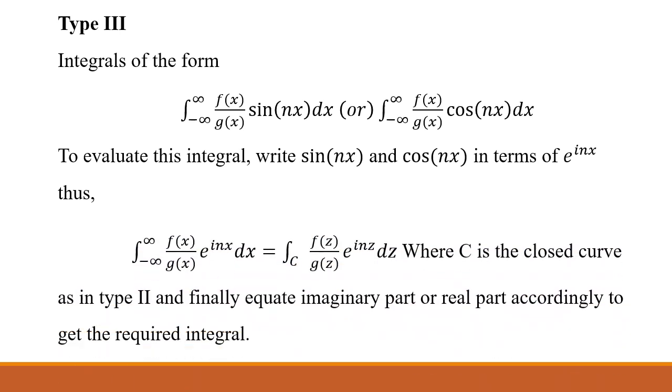Thus, our integral becomes integral from minus infinity to plus infinity f(x)/g(x) e^(inx) dx, which is equal to the integral over C of f(z)/g(z) e^(inz) dz, where C is the closed curve as in type 2. Finally, we equate the imaginary part or real part accordingly to get the required integral.